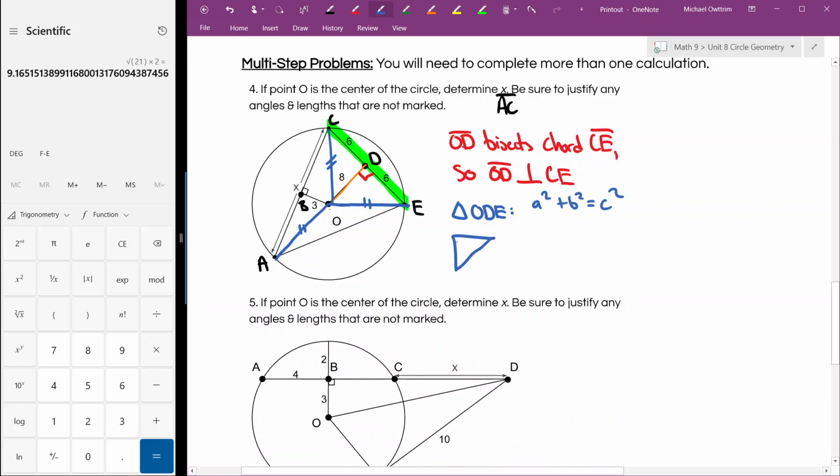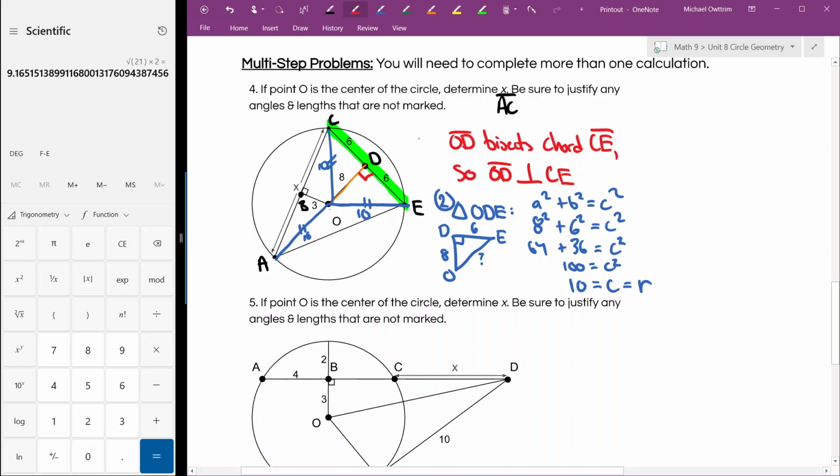Triangle looks a little bit like this. And let's solve it out. Our 8 and our 6 are legs of this triangle. You might notice we have a Pythag triple here, and we conclude that 10 is the radius of the circle, which is, of course, the same all the way around the circle.